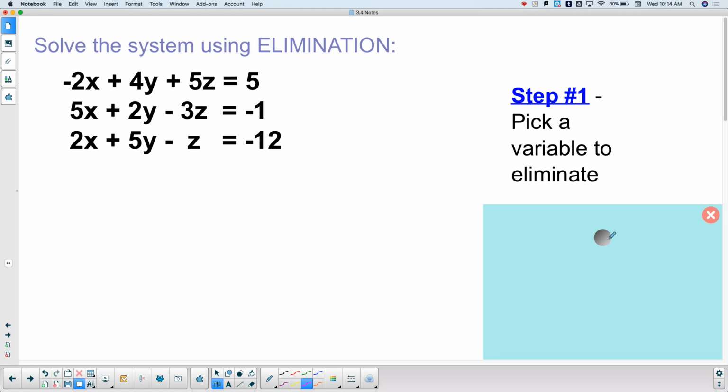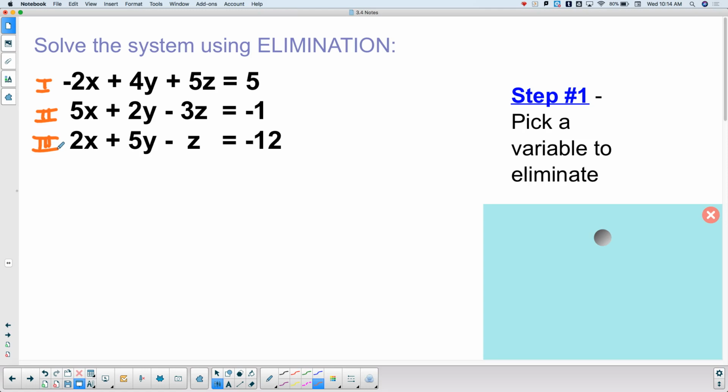Okay? So if I'm looking at this one, I would pick either X or Z to eliminate. Because with X, in equation number 1 and equation number 3, you've already got elimination set up for you. So that makes that a little bit easier.